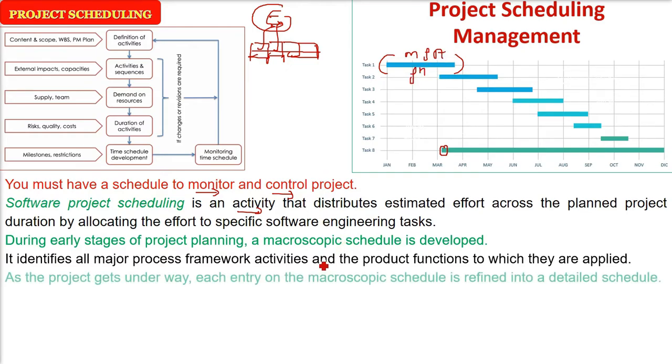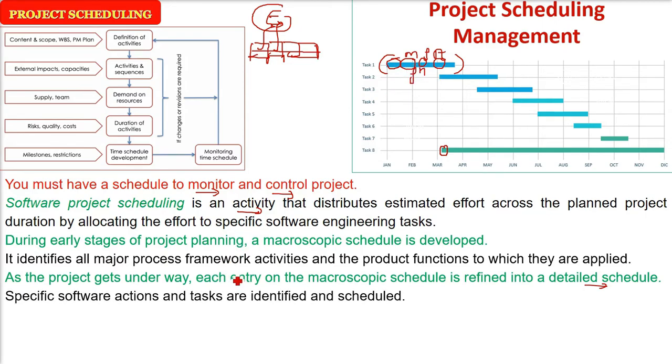But as the project gets underway, each entry on the macroscopic schedule, which we just made in the early stages, needs to be refined into a more detailed schedule. That is, the tasks under each activity have to be given their proper time. So specific software actions and tasks are to be identified and scheduled.